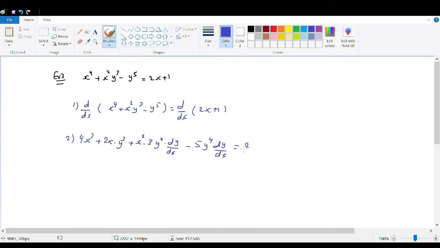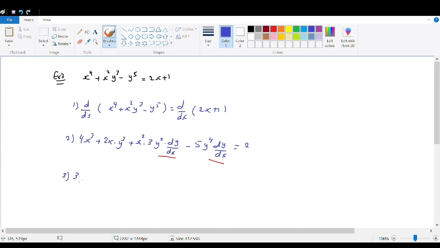So now we need to collect the terms that contain dy over dx on one side. So this one and this one, we'll move these two to the other side. So here we have x squared times 3y squared dy over dx.